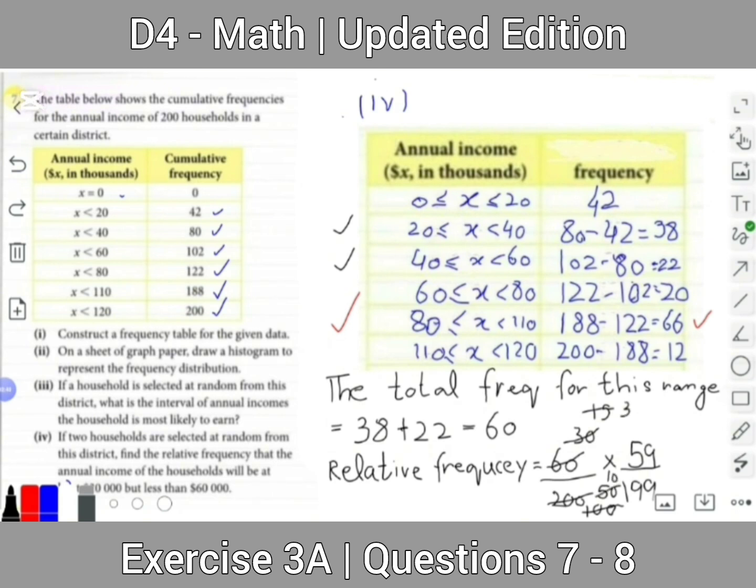Now 3 multiplied by 59 is equal to 177, and 10 multiplied by 199 gives us 1990. So the relative frequency that the annual income of the households will be between the $20,000 and $60,000 is equal to 177 over 1990.